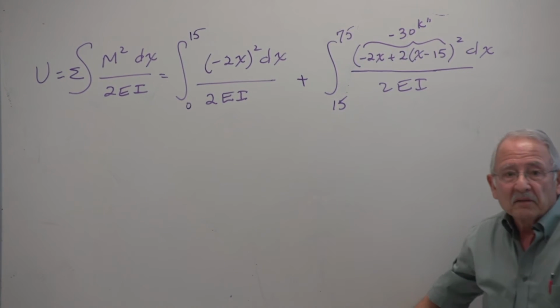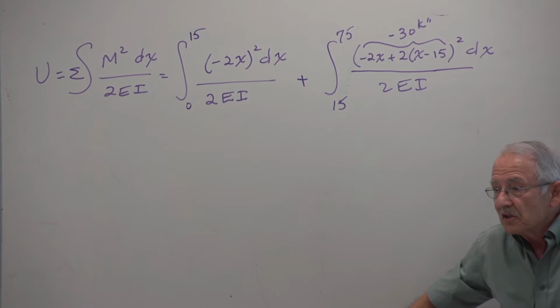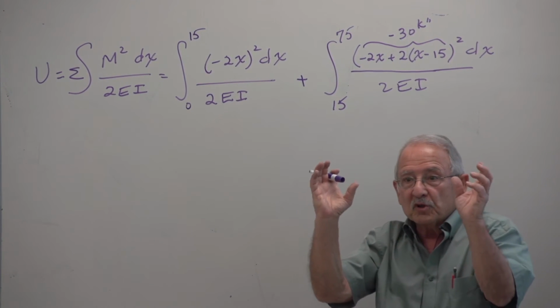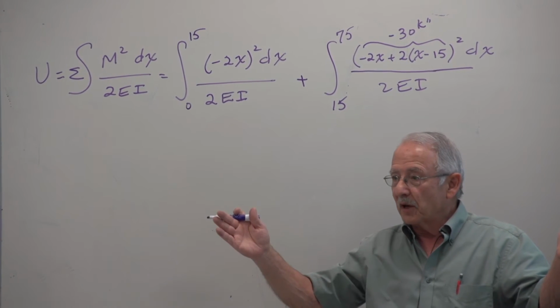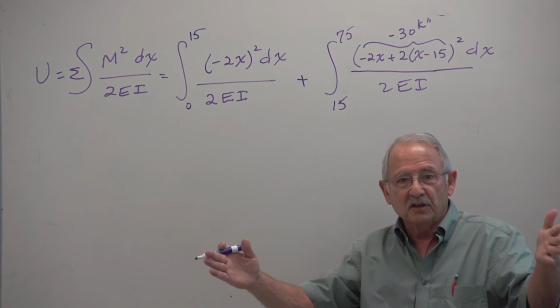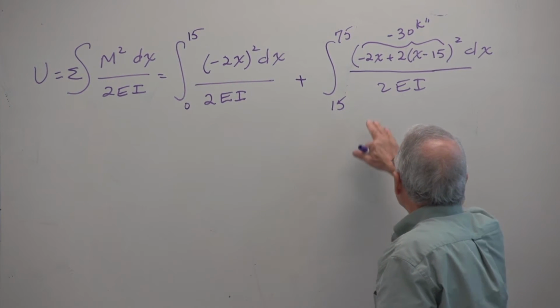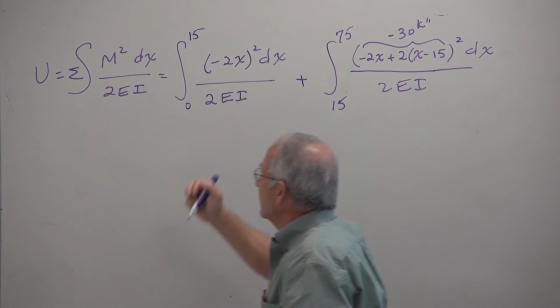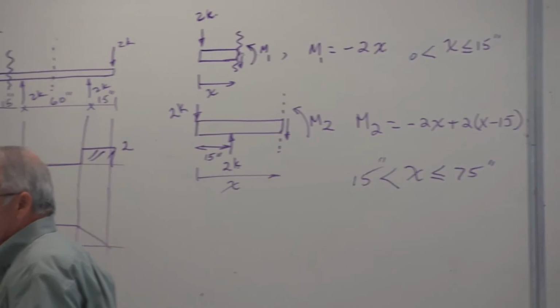By the way, note that it really doesn't make any difference whether this is plus or minus. You're squaring the term. Whether you bend this upwards or downwards, you're storing energy. It's like compressing a spring or extending a spring. Doesn't matter. You're storing energy. So you integrate that, put in the values of x, put in the values of E and I. They give you the cross section.